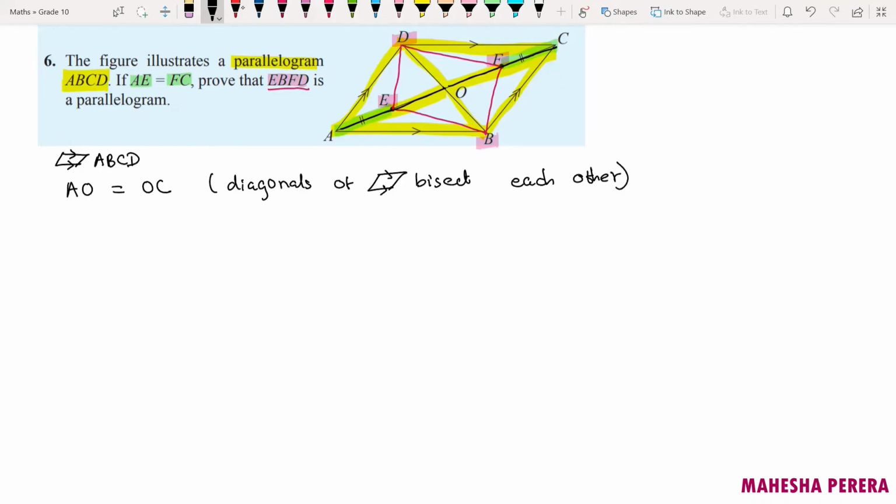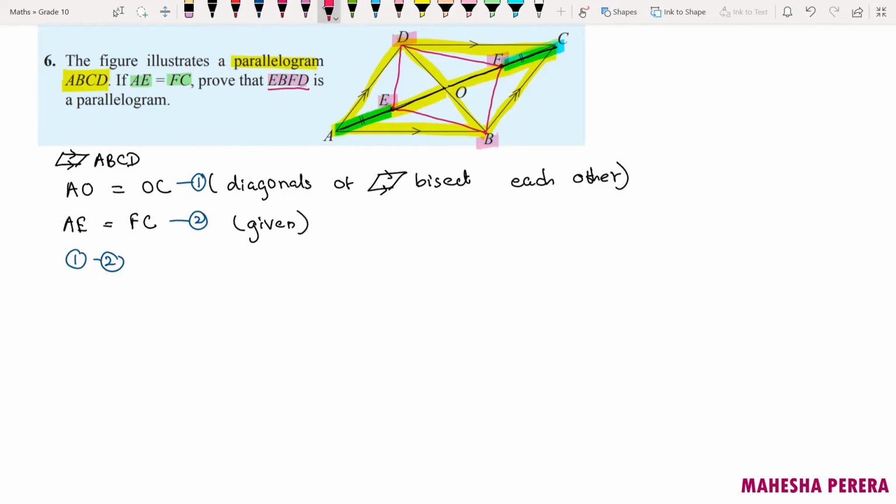And also, it's given that AE equals FC. So let's write it. AE equals FC. So I'm going to label the first one as number 1 and the next one as number 2, right? Now this is actually given data. So if I deduct 2 from 1, what do I get?